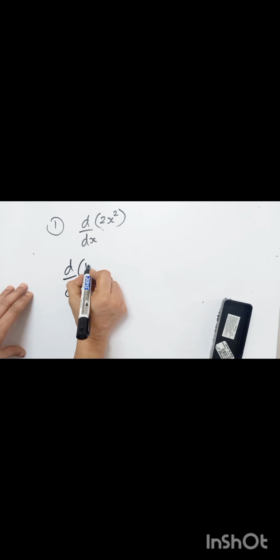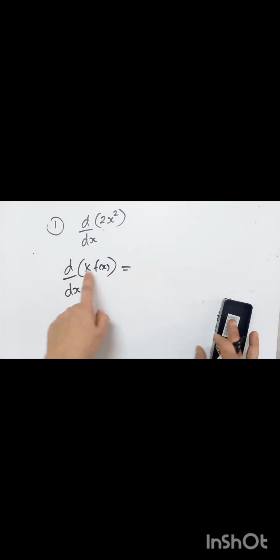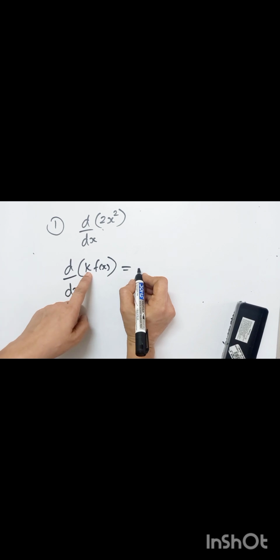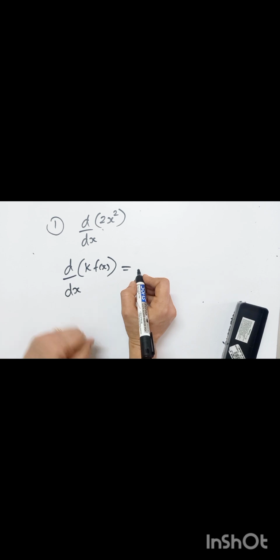And also you have to remember another formula, that is d by dx of any constant multiplied by any function. If there is a constant multiplied by a function and you need to find the derivative of this, you can keep the constant outside. Here the constant is multiplied by a function, not just a constant. If it is just a constant, we can directly write the answer is 0.